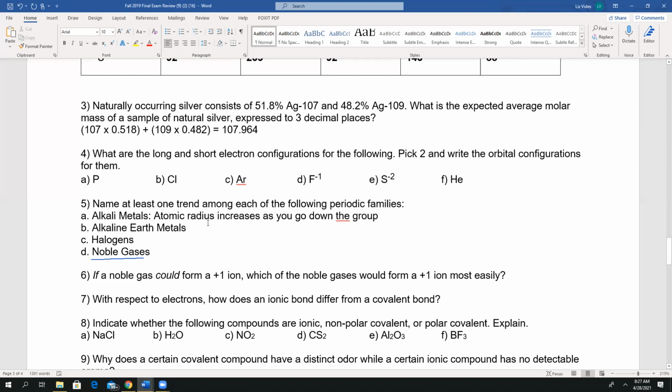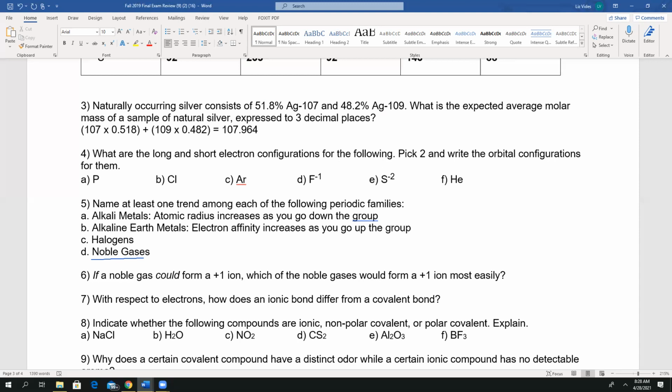All right. For alkaline earth metals, I'm going to use electron affinity just because I can. Okay. And in this case, it decreases or it increases. You're going to say increases as you go up, right? Group.